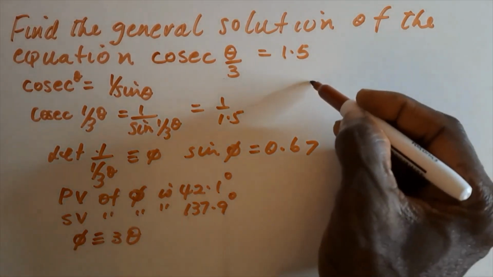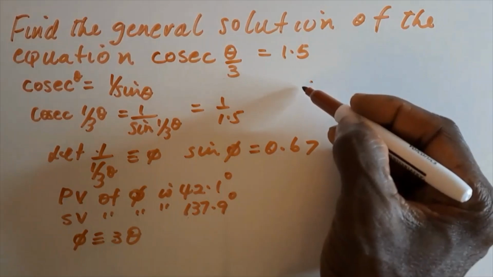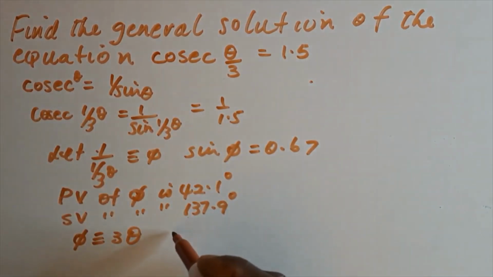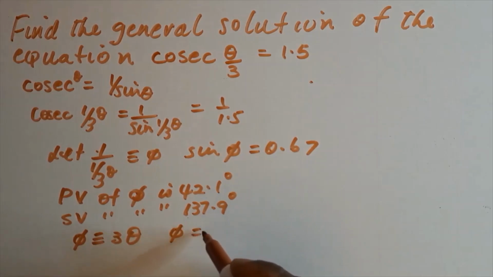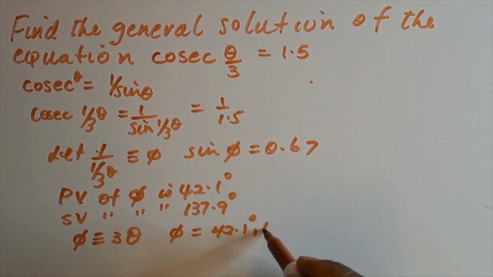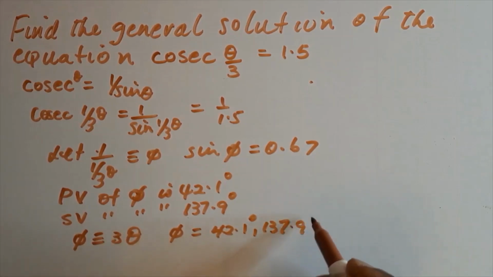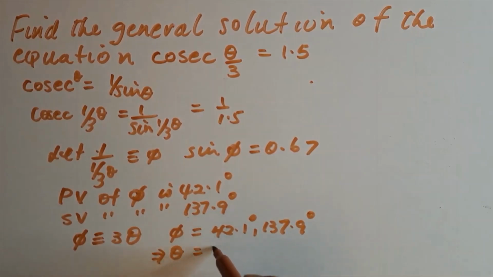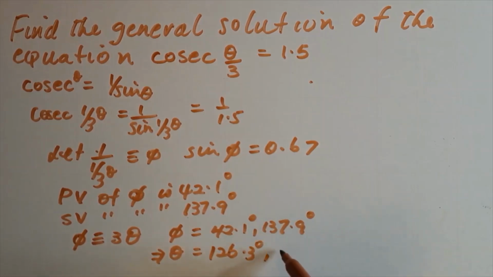And so our angles phi are 42.1 and 137.9, which implies that theta is 126.3 and 413.7 degrees.